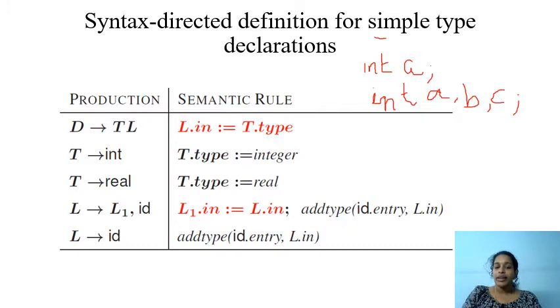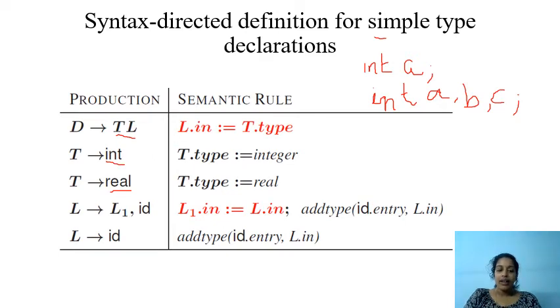First of all, in a type declaration, it starts with a data type, followed by one or more identifiers. That is, declaration gives T L. This T can be int, real, float, unsigned int, etc. In this example, we have considered the data types int and real.